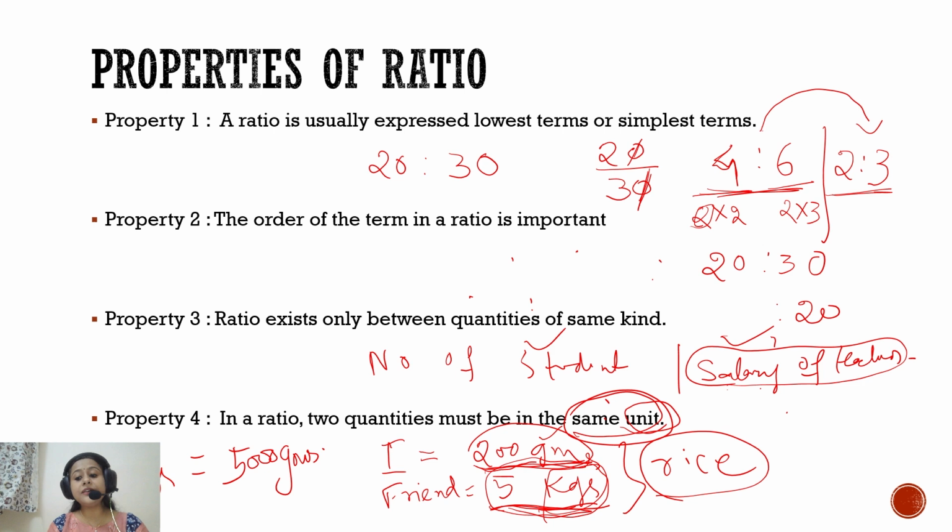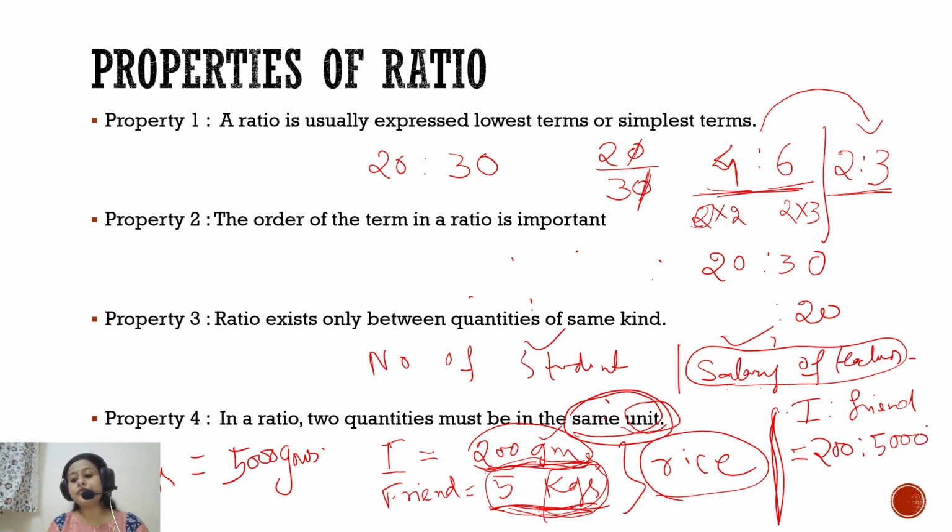So that will give me, since both these quantities, my quantity and my friend's quantity, are now in grams, I can have a ratio. My ratio to my friend's ratio is now 200 is to 5000.